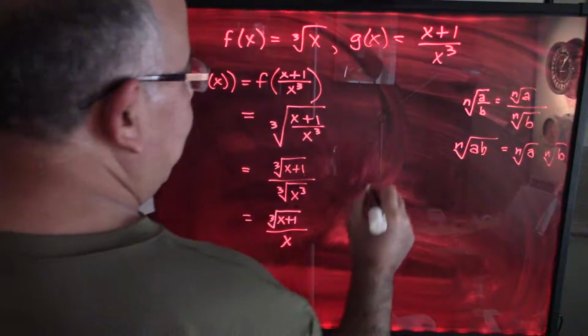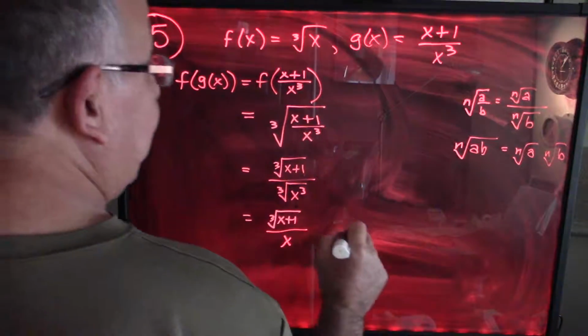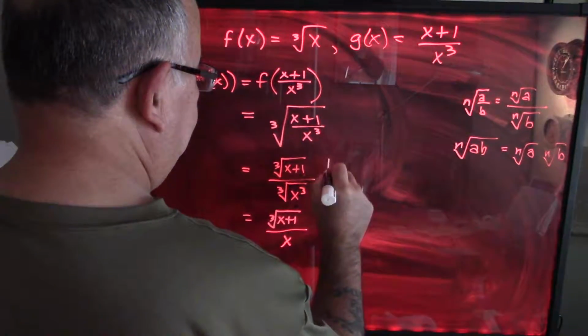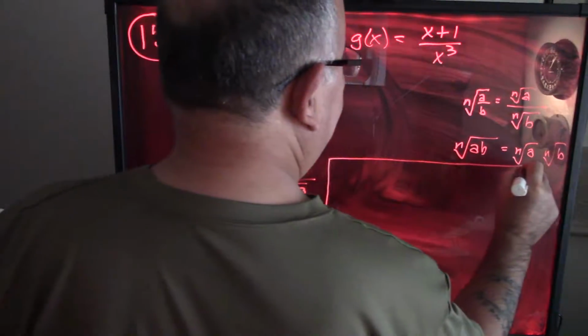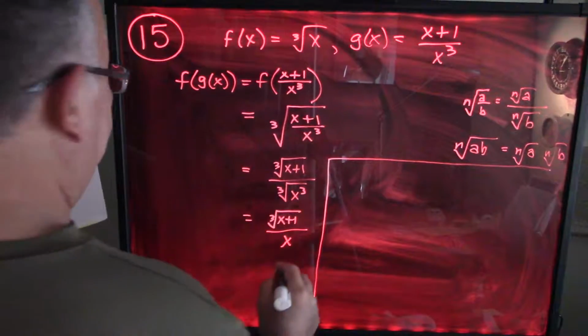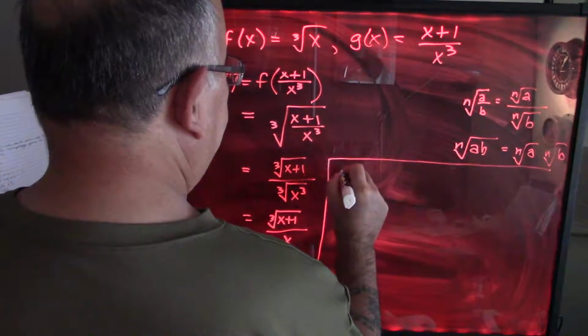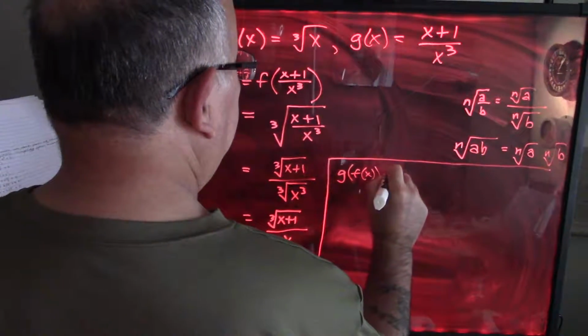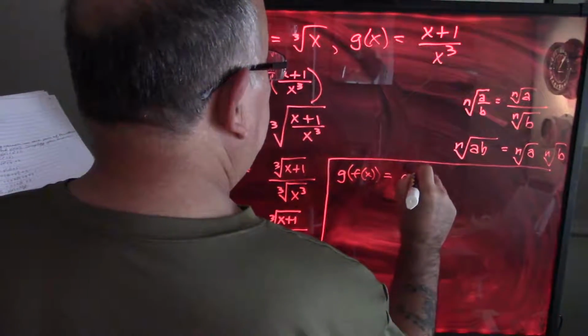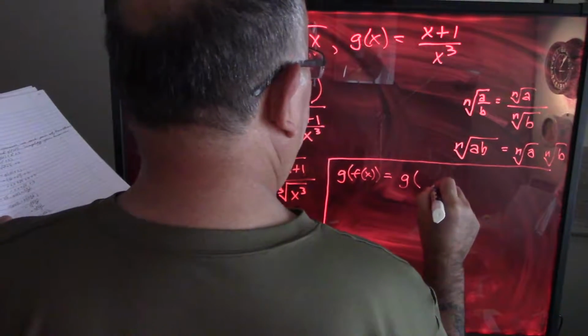And let me do g of f of x over here. I'll make a little space so I don't have to erase all this. G of f of x is g of the cube root of x.